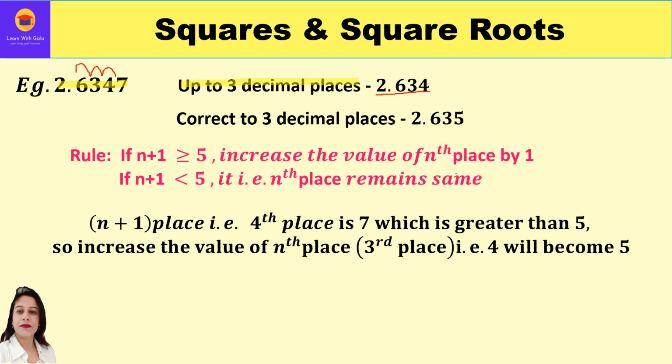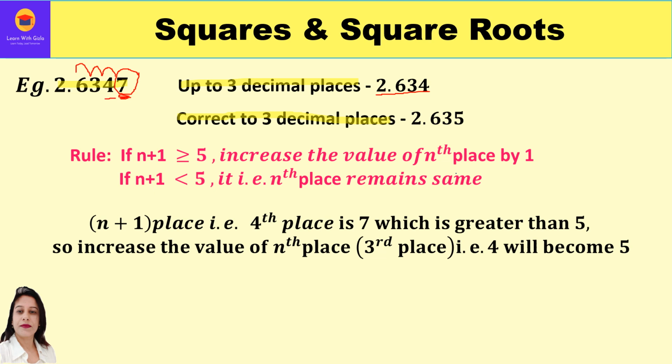Now suppose we take up the second case. They say find the square root correct to 3 decimal places. Over here the rule says check out the n plus 1 place. That means n is our 3, n plus 1, 3 plus 1, that is the fourth place, which is 7. The value is 7. It is greater than 5.